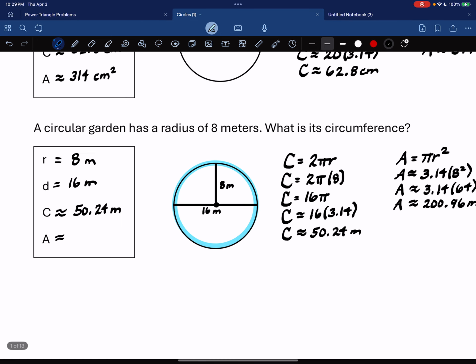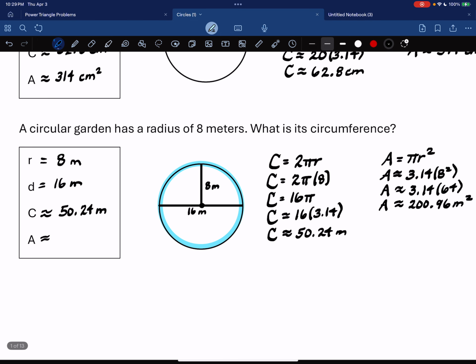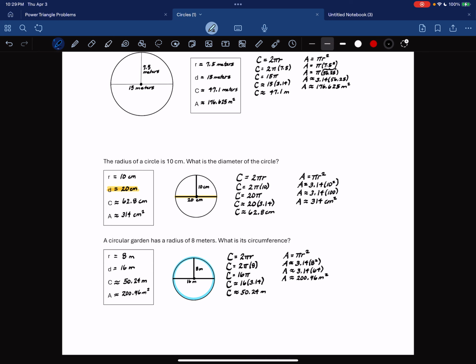And that would be the amount of dirt or flowers, ground that we would need to cover. Square meters. The answer to this one, what is the circumference? So make sure that you answer the right question. It is that distance around the circle.